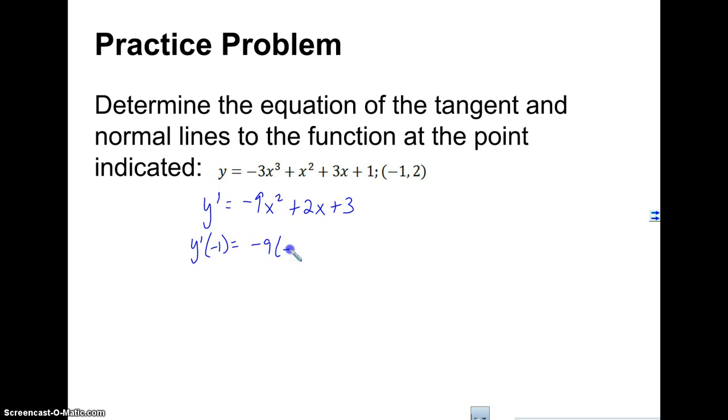So negative 9 times negative 1 squared plus 2 times negative 1 plus 3, which is negative 9 minus 2 plus 3, which is negative 8.